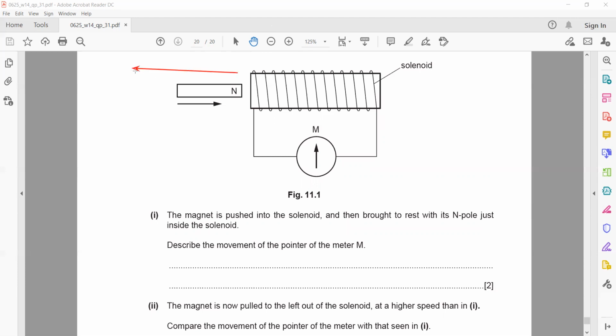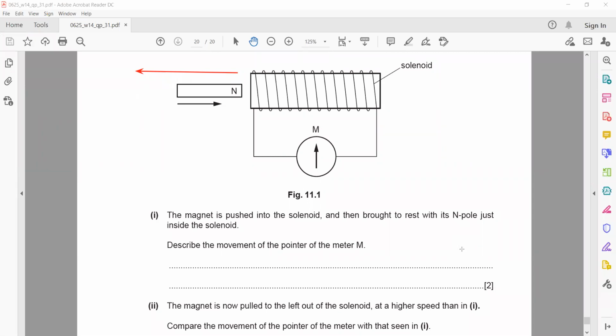What will we observe? There will be a large deflection. It will move in the opposite direction and it will have a higher deflection. That's right. It will return to zero if it is outside the magnetic field.